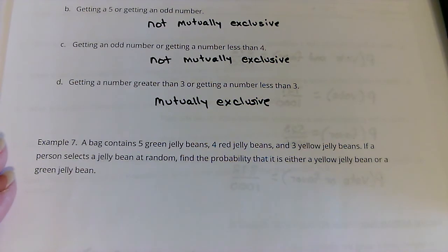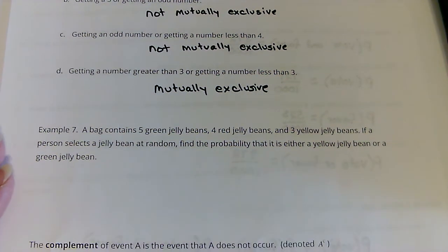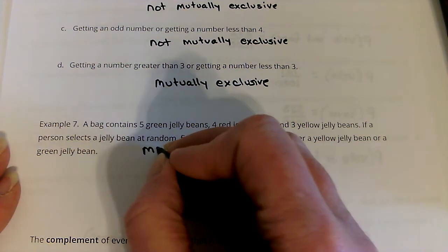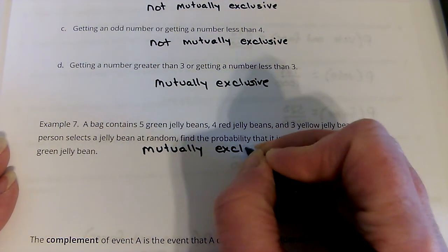A bag contains 5 green jelly beans, 4 red jelly beans, and 3 yellow jelly beans. If a person selects a jelly bean at random, find the probability that it is either yellow or green. Can those happen at the same time? No. Those are mutually exclusive.